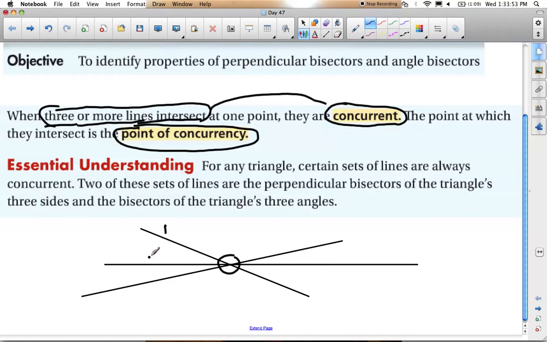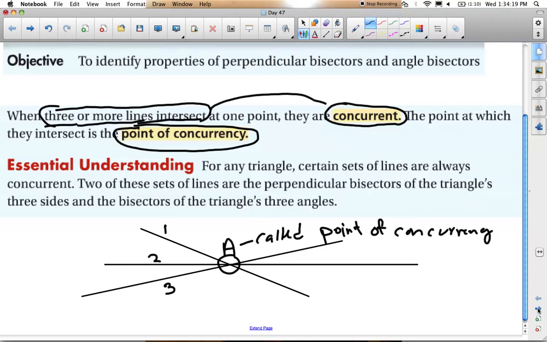We have line 1, 2, and 3. They all meet at point A. So this point A is called the point of concurrency. Why? Because we have three lines and they all meet at one point, and that's point A. So that's the information from this slide.